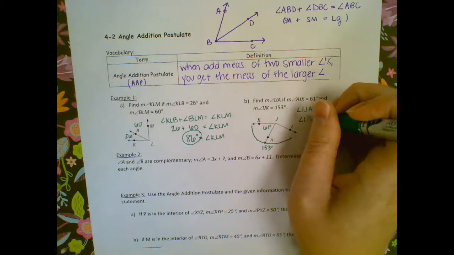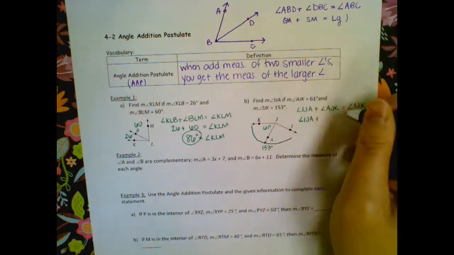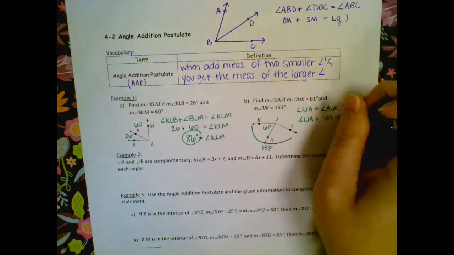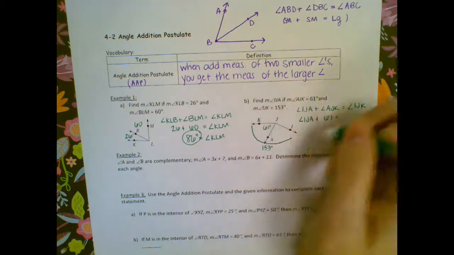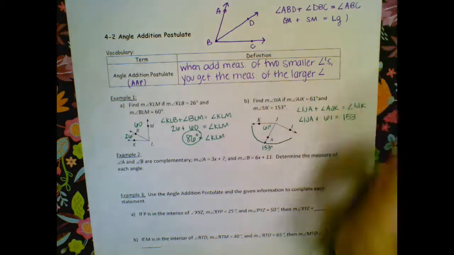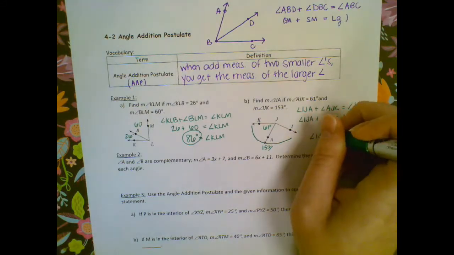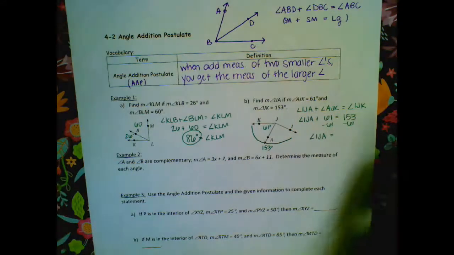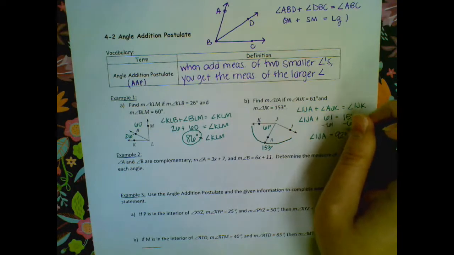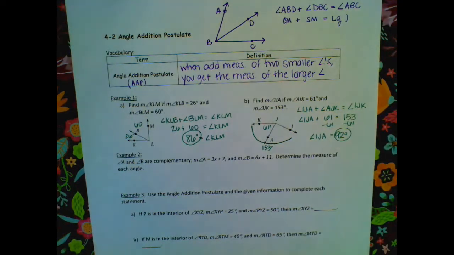I don't know IJA at the moment, but AJK is 61 degrees, and IJK, the whole big guy, is 153 degrees. So if I subtract 61, 153 minus 61 is 92 degrees, which is my missing angle measure.